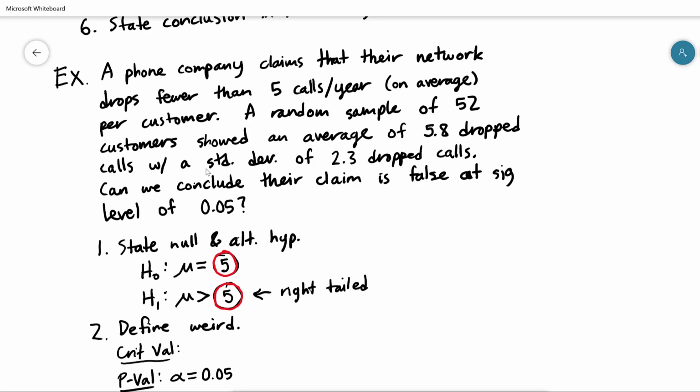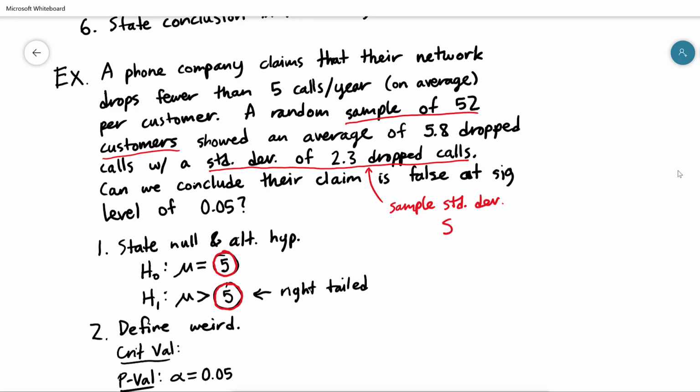That means this is a sample standard deviation, and we're using S. So this is the idea. Based on the fact that we're dealing with the sample of 52 customers, and this is the standard deviation of 2.3 dropped calls, this must be a sample standard deviation. So it must be S, not sigma.